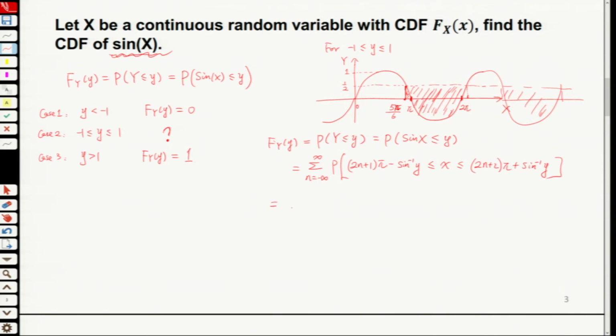So if we try to get this, it is the sum over n from -infinity to infinity, because we were given this CDF function.